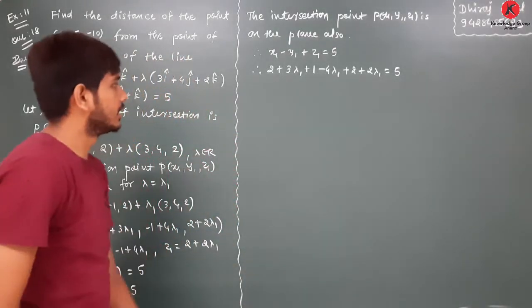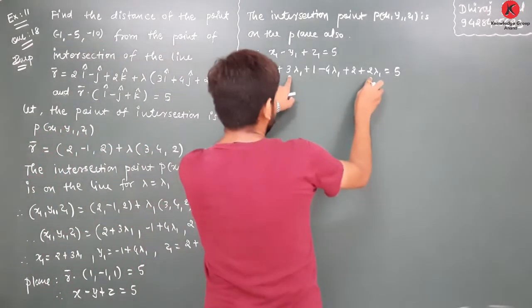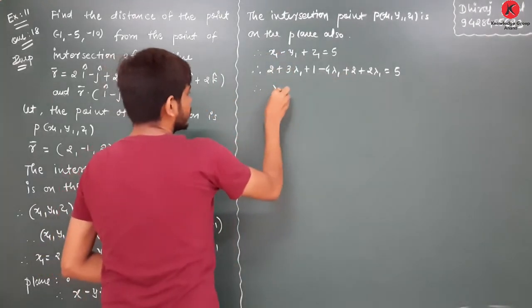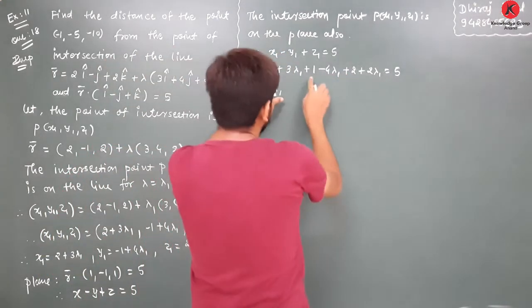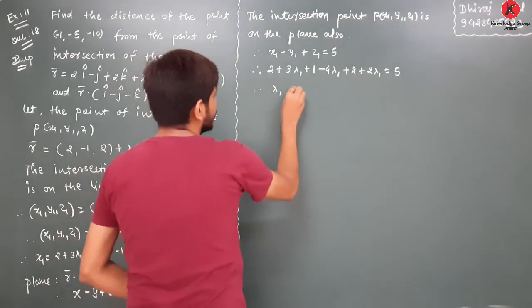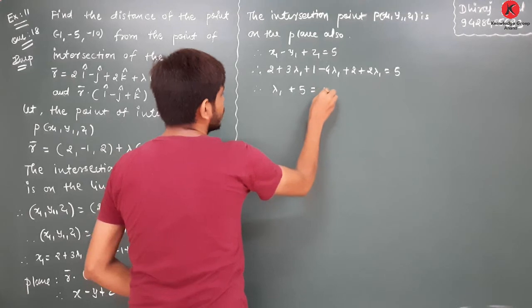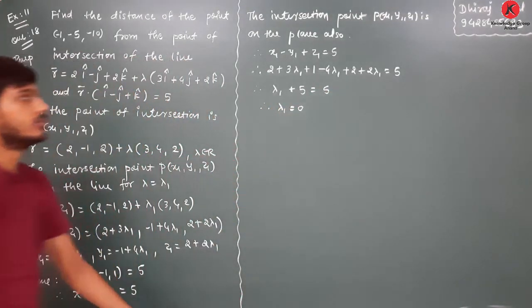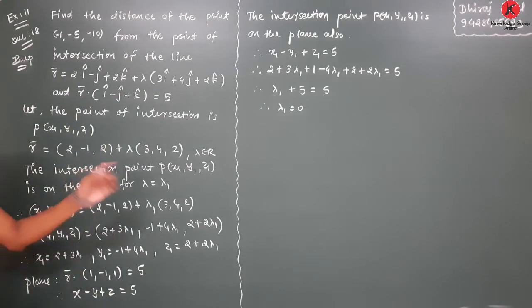Simplify this. We are getting 2 plus 3 lambda 1 minus 4 lambda 1 plus 2 lambda 1, 2 plus 1 is 3, plus 2 is 5, which equals 5. Therefore we are getting lambda 1 equals 0 here.